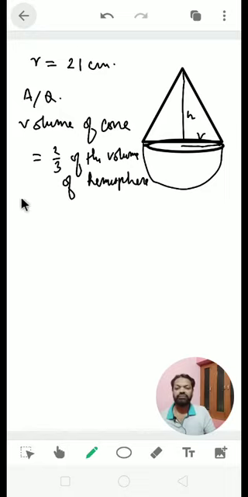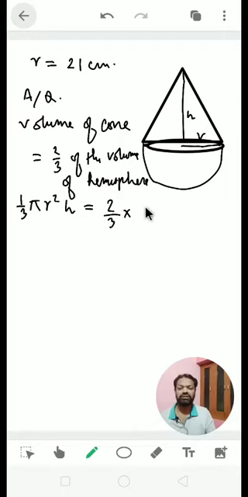We already know the volume of the cone is 1 by 3 pi r square h, and the formula for the volume of the hemisphere is 2 by 3 pi r cube. So we are going to solve this to find h.